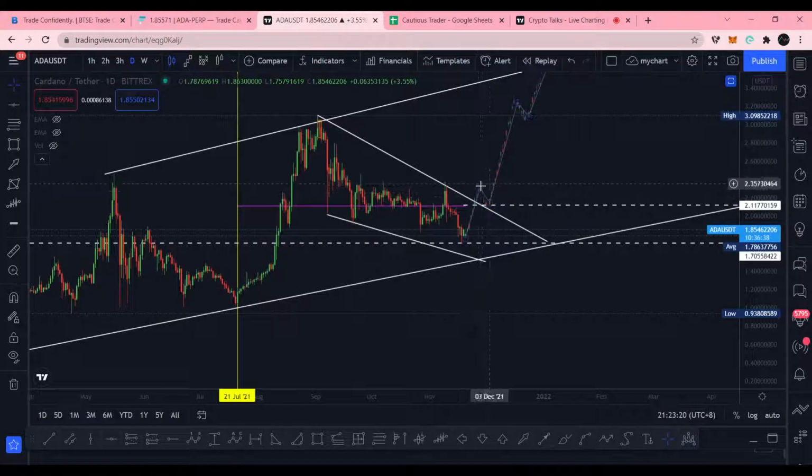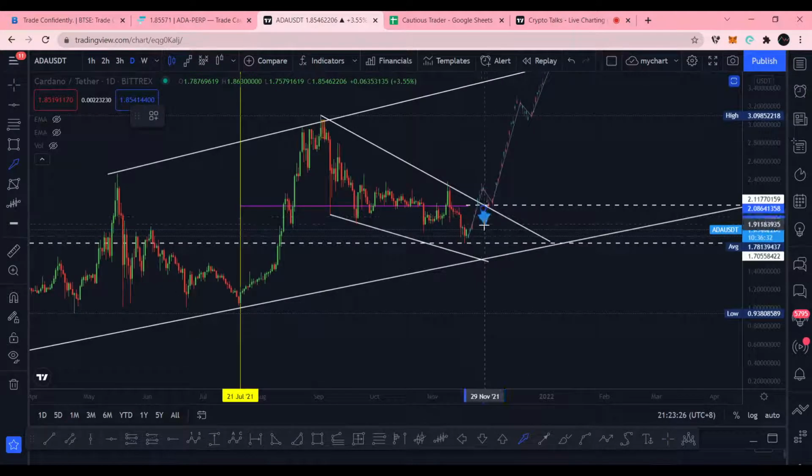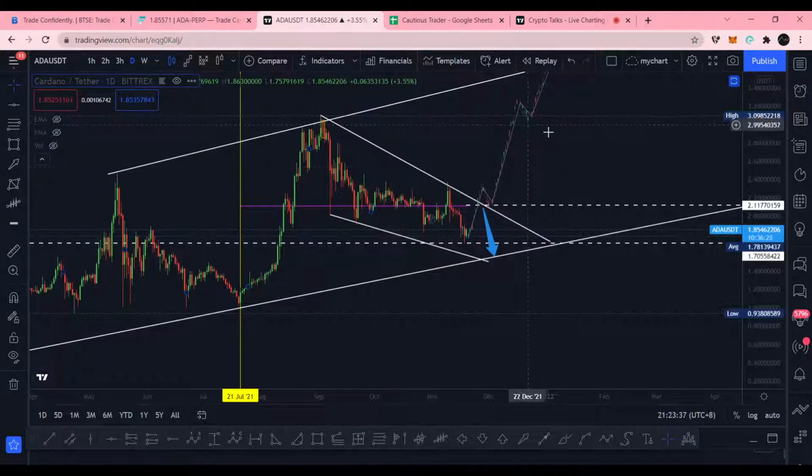Why will I re-enter this one? Because there's a possibility that it might be rejected within the 2.11 and, you know, retest back here, or in the worst case, that area. So that's my plan for ADA, enter at 2.11.